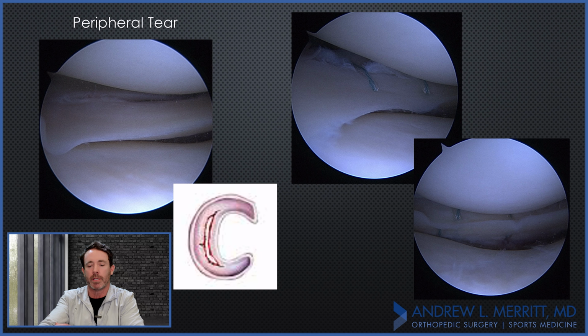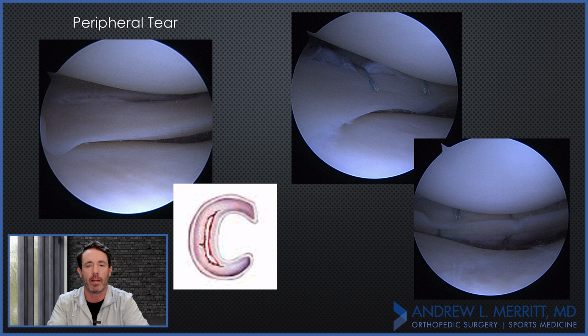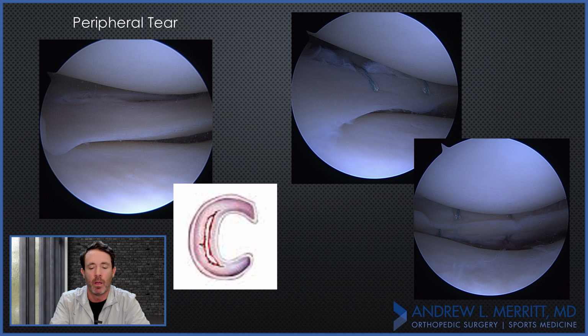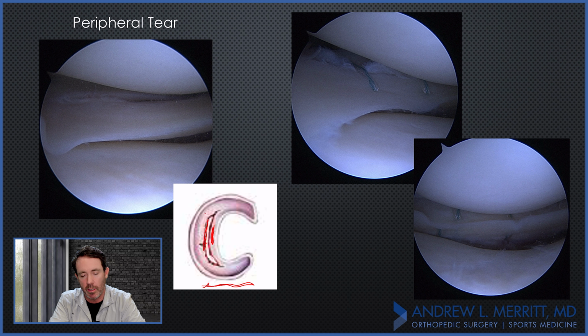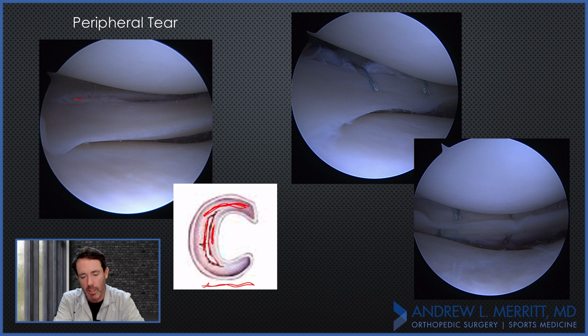So here are a couple of examples. This is the lady that had the meniscus tear associated with that ACL, what we'd call a peripheral tear. If we looked at it on the picture down here, what we see is that there's a vertical split separating the meniscus. In her situation, it would be back towards the back of the knee, but the concept's the same. And we can see that here. Instead of boring, we see that this front piece of the meniscus here is separated from the back piece.